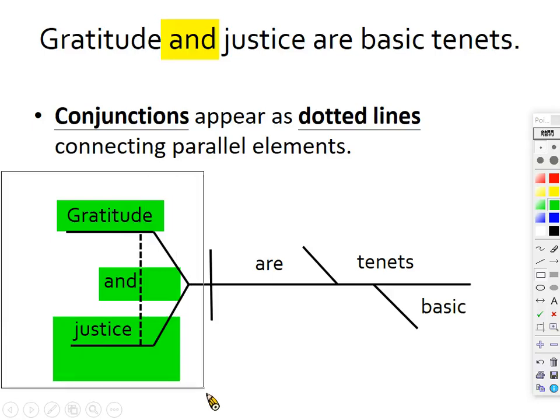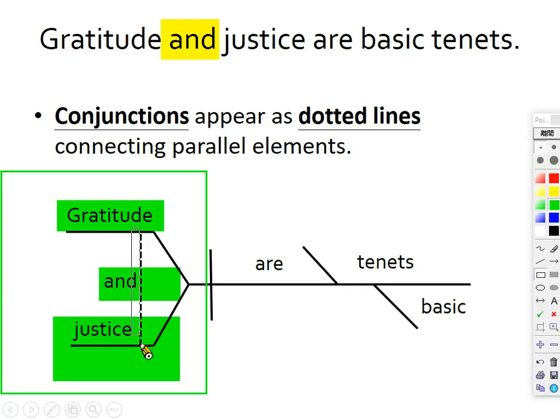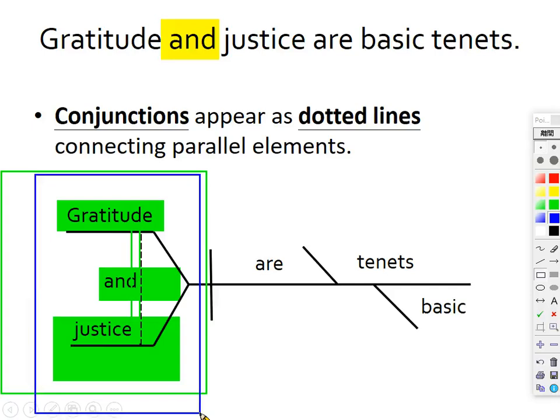The larger part is just like a horizontal line expanding to two lines, right? Connected by "and." So we have a dotted line here and then linked by "and." So you can treat this as one segment, still on the part for the subject.